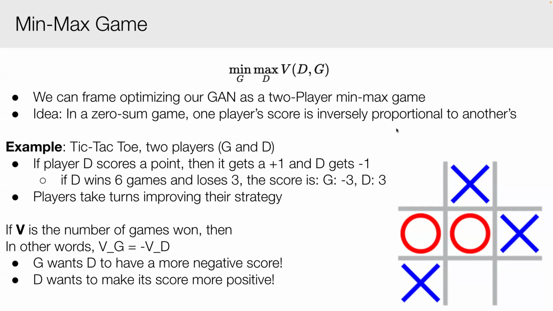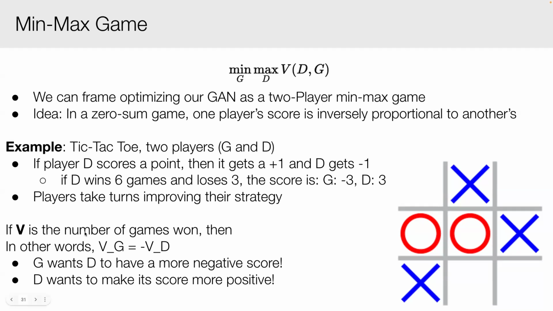You play 10 games. If you are player D, each time you score a point, you either win a game, +1, or you lose a game, -1. So if player D wins 6 games and loses 3, then the relative score for G is -3, and for D it's +3.